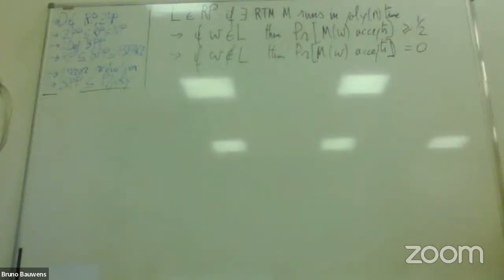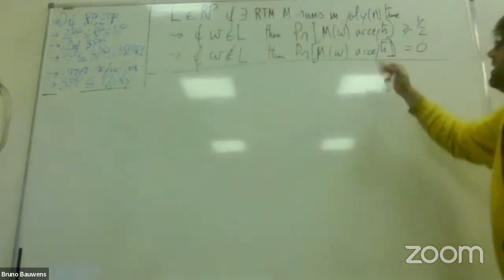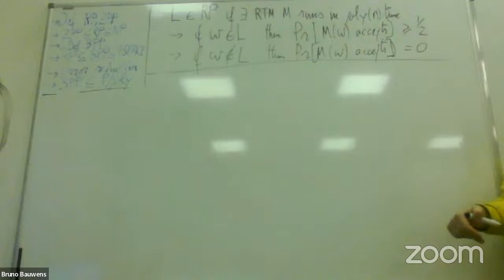So I say again, we want many leaves in the computation tree to accept. For the definition of NP, there is just one leaf. Now we need many leaves. Okay, so this is the definition with a randomized Turing machine.